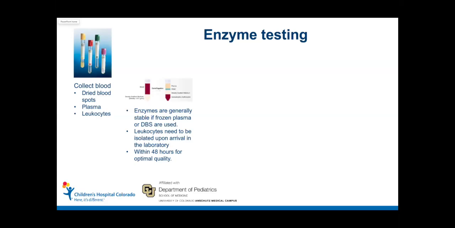Within about 48 hours of blood draw, you really start to see enough of that lysis, that breakdown of the white blood cells, that it really impacts the quality and the amount of the leukocytes that you get. So you really want to try to get those blood samples to the lab, if you're doing a leukocyte assay, within about 48 hours.